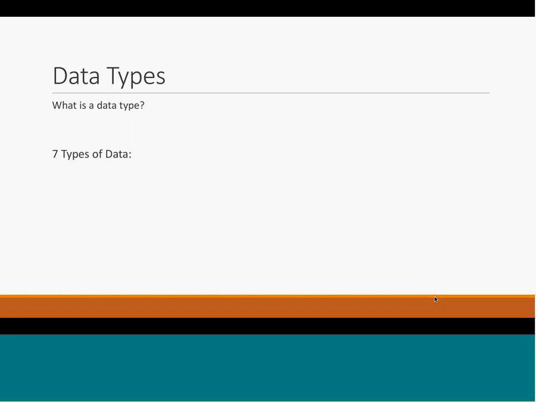A type is a classification identifying one of various types of data, one of which is integers, right? So there are different types in JavaScript: integers, booleans, arrays, objects, null, and undefined.